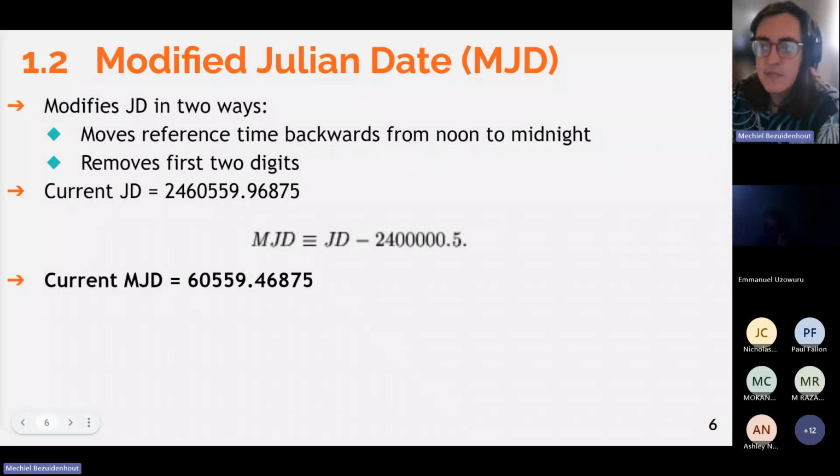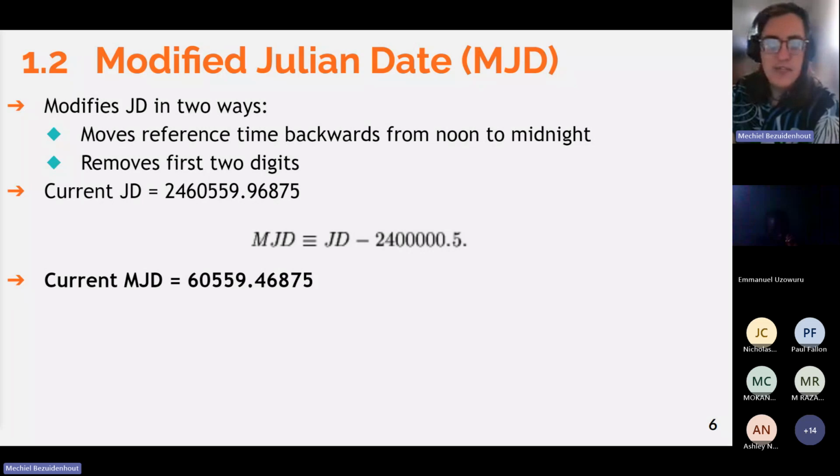And you can calculate these MJDs, measure them very, very finely, the more decimals you add after the comma, the more precise you're measuring the time, down to nanoseconds, femtoseconds. So I've done some work on pulsar timing, for instance, where you have to measure the arrival times of pulsars, pulses from pulsars very, very precisely in order to model the arrival times.